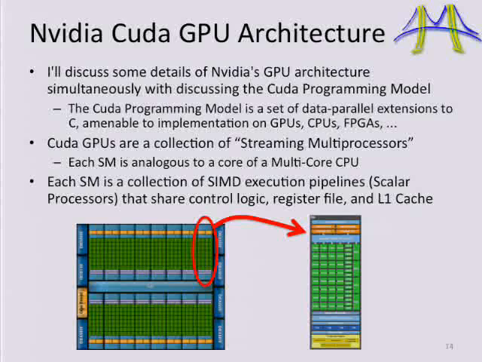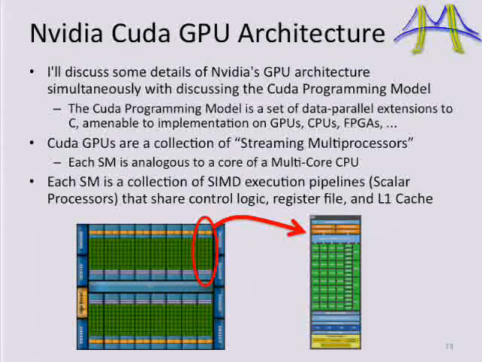And so I will talk about the GPU architecture simultaneously with describing the programming model, but they don't have to be conflated this way. So a crude analogy, which does pretty well, is to consider the GPU a collection of these streaming multiprocessors, which are essentially the same size as a single core of a multi-core CPU.